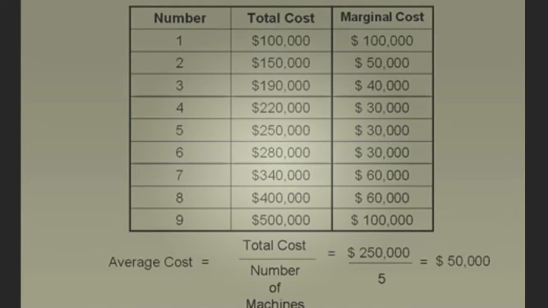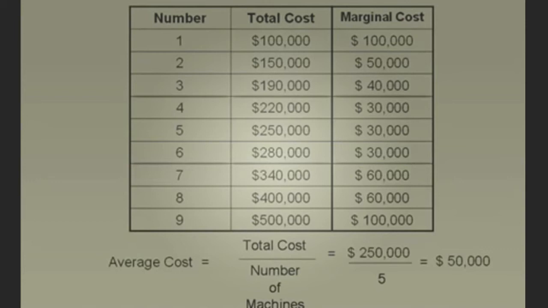Now, let's do the most important, which is Part D. At what level do we maximize profit? If you're the boss, how many machines would you recommend they make?